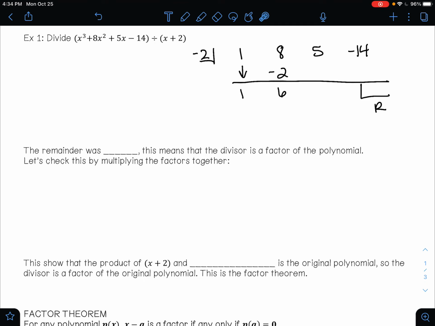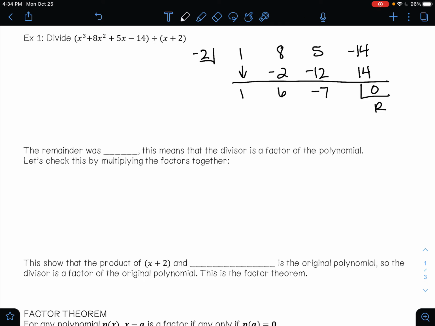Negative 2 times 6 is negative 8. Or sorry, not negative 8, that was silly. It's negative 12. 5 plus negative 12 is negative 7. Then negative 2 times negative 7 is positive 14. Negative 14 plus 14 is 0.